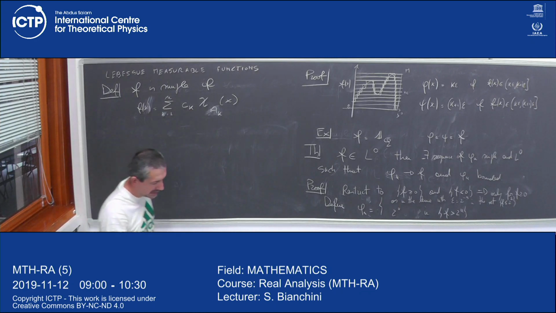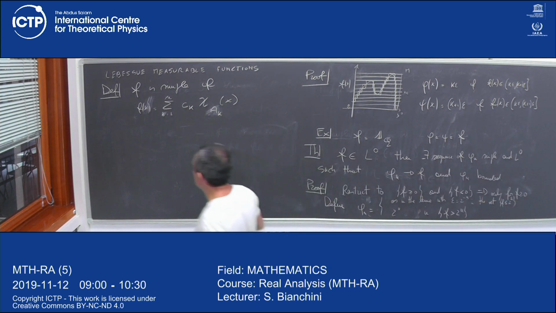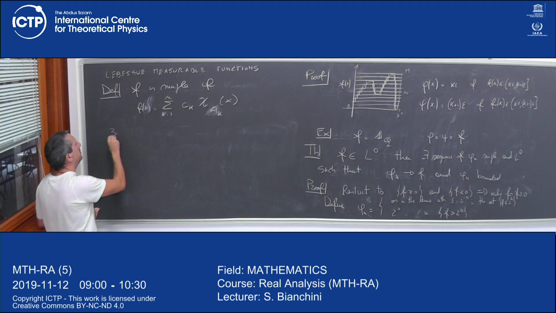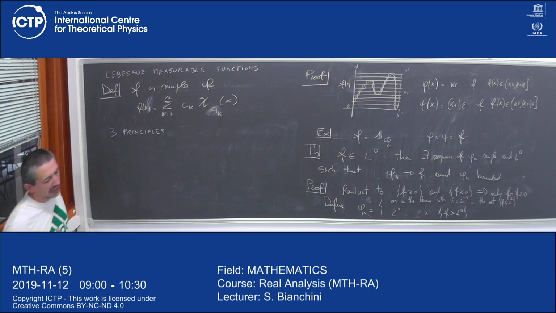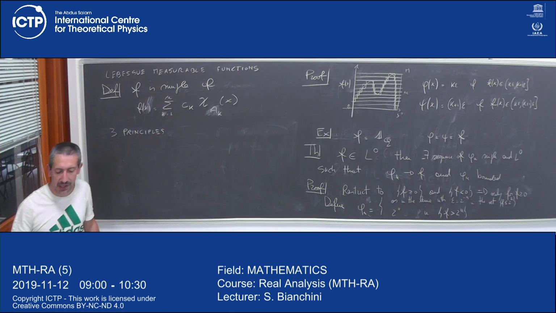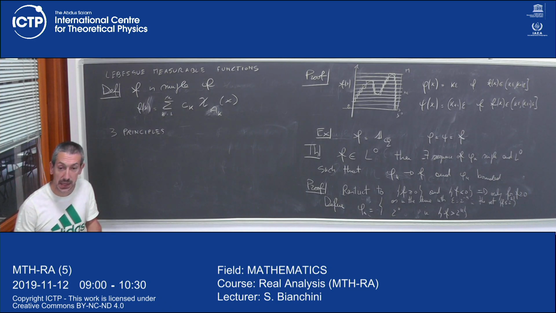So okay, the book presents three principles. So let's see. In the book you have these three principles. And my impression is that yes, they are very nice because in some sense these are the tool, I mean, how to say, an informal way of memorizing the basic properties of measure.